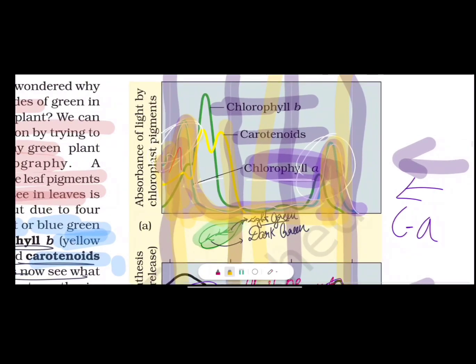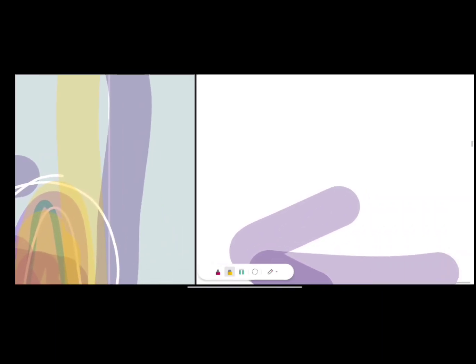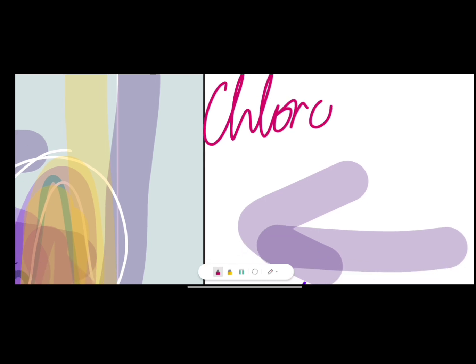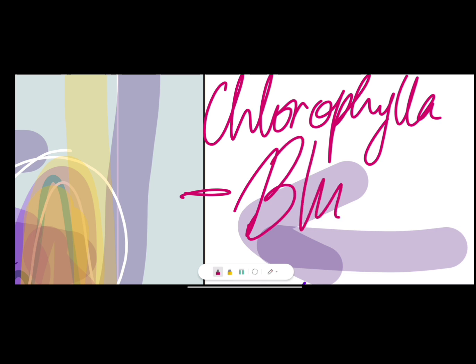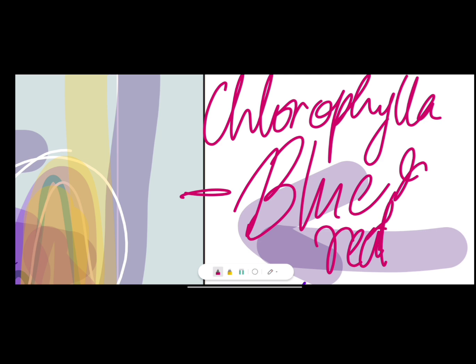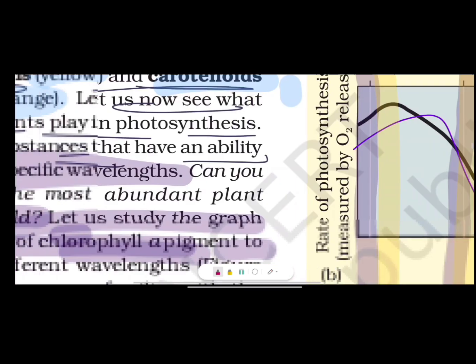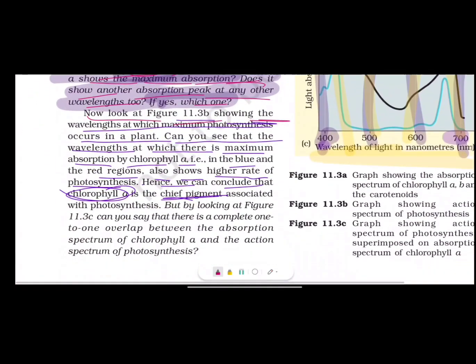By checking it, we get the information that chlorophyll A will get maximum peaks at two colors, which are blue and red. Hope you understand.